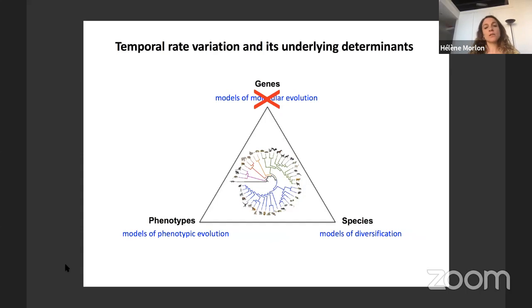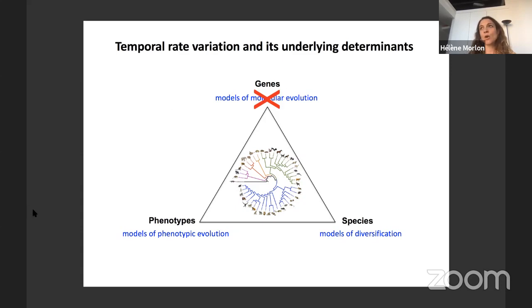Just because I always like to put in perspective these different models that all model rates of evolution, but at different levels of organization, it is notable that although these models have been pretty important and widespread in the literature on phenotypic and species diversification, those types of models where there's a time dependency in rates haven't really been explored in models of molecular evolution.